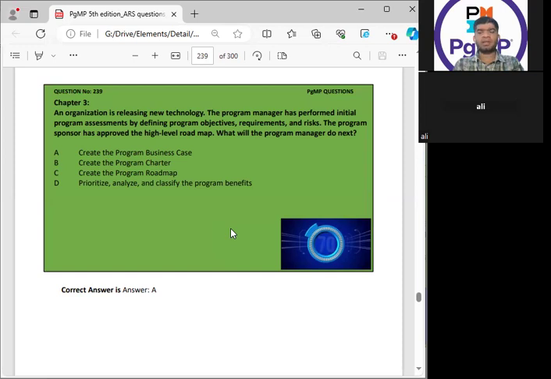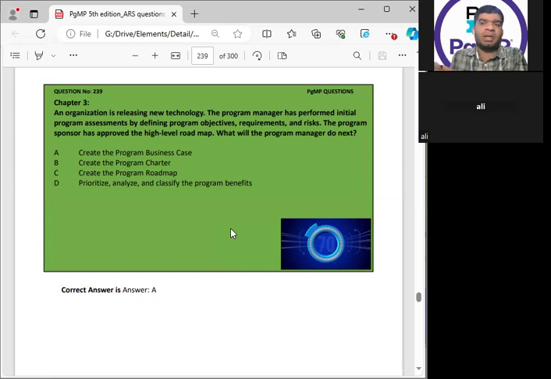But this is benefit analysis and planning. In the formulation phase, you are doing benefits identification. If you overlap your life cycle with the benefits domain, you already picked the right answer: you are in program formulation, the very beginning of the program. At this step I am doing benefits identification. I cannot analyze or classify the program benefit.